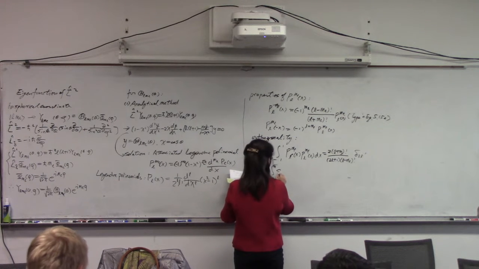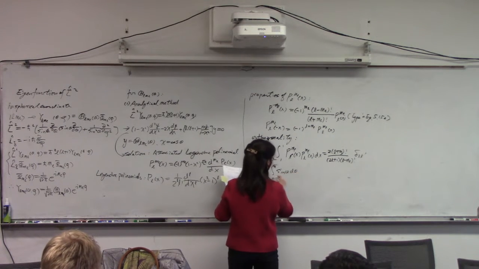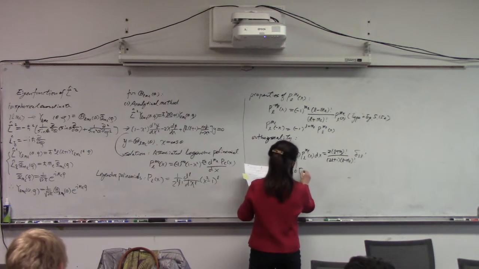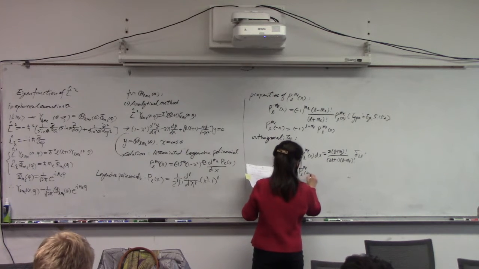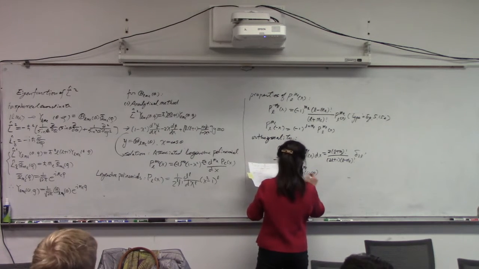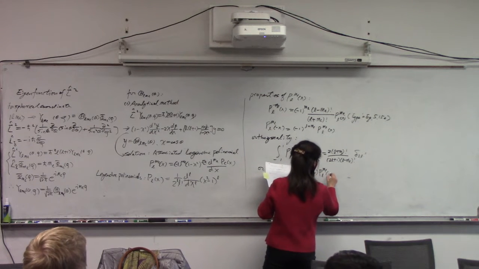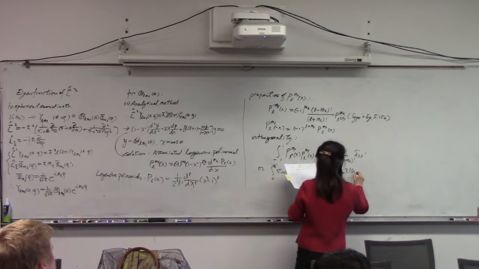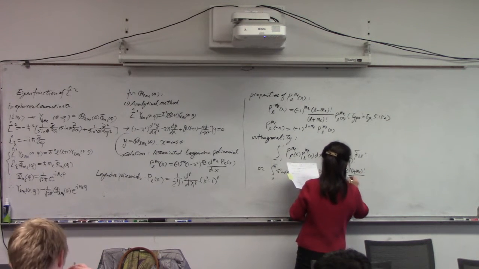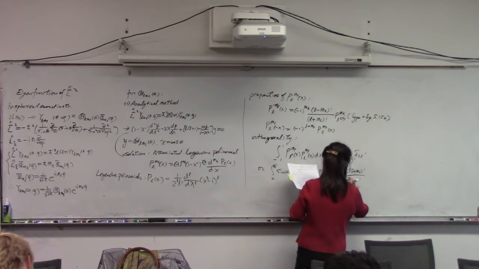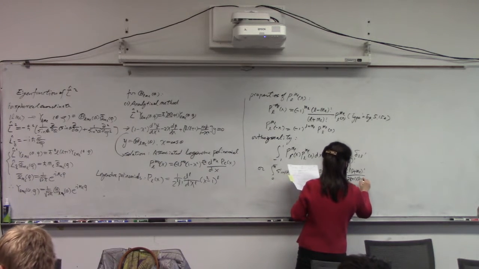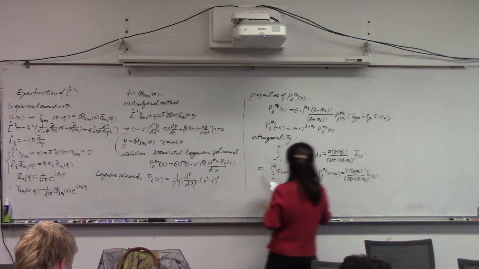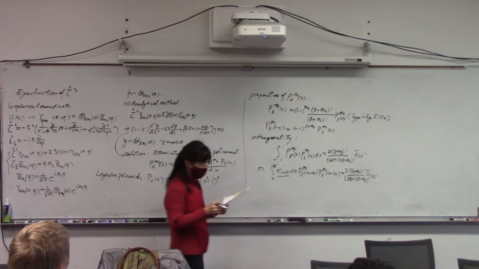So the integral of sine theta d theta of P_l'^m cosine theta times P_l^m cosine theta equals 2 (l plus m)! over (2l plus 1)(l minus m)! times delta. I want to emphasize here, do not miss this.